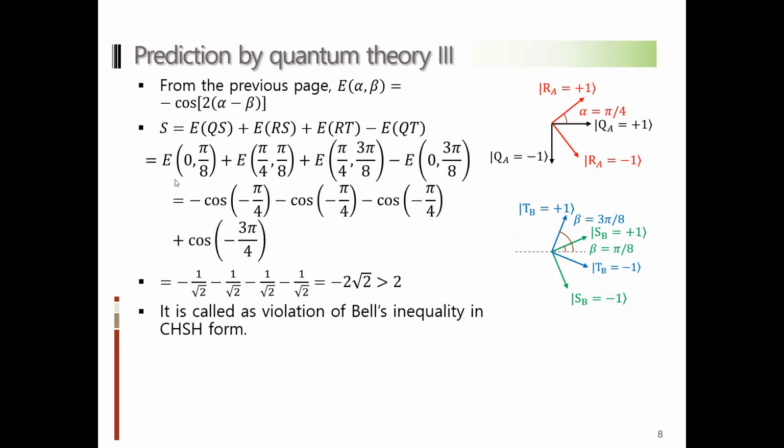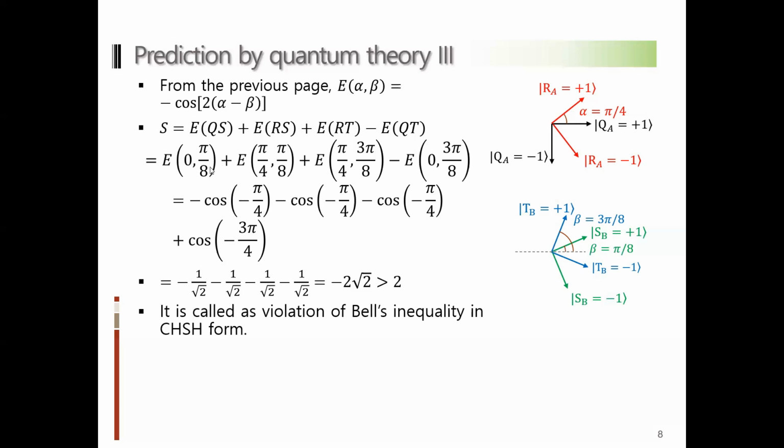So QS means that alpha is 0, because this is the HV basis, while S is the basis which is tilted by beta equals pi over 8 from the horizontal axis. So beta is just pi over 8.